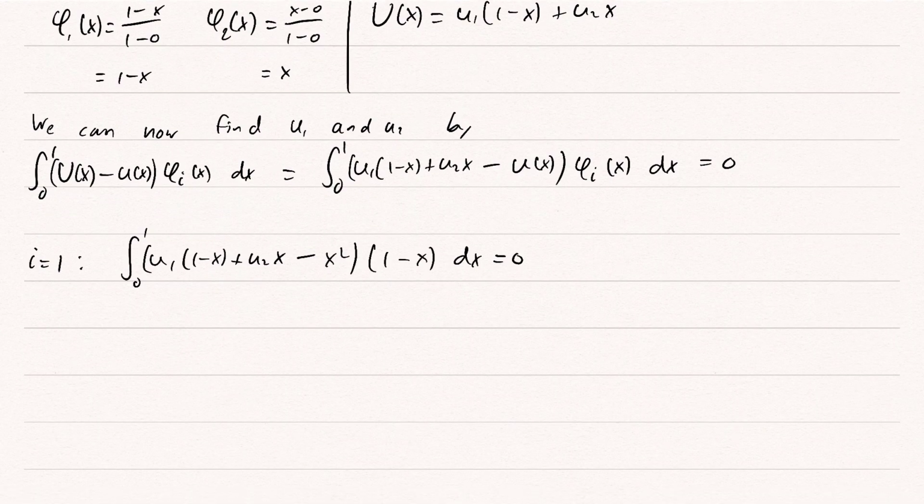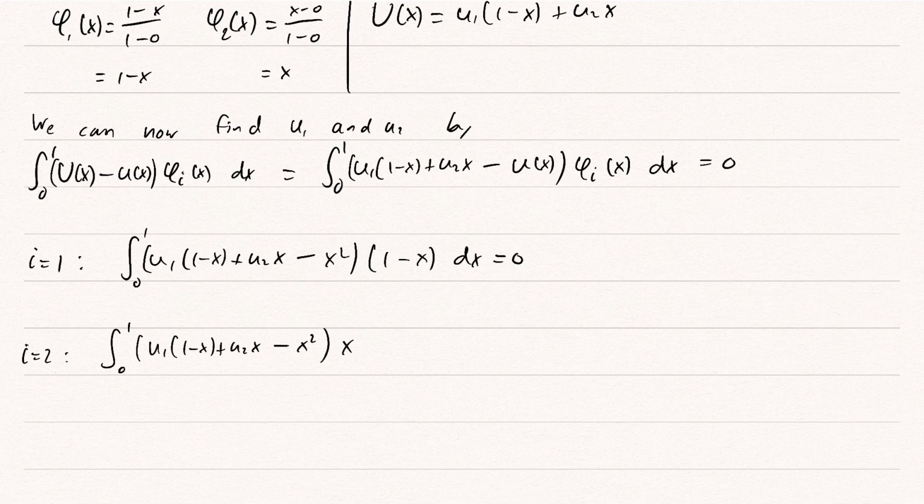And then the second integral, i is equal to 2, states that the integral from 0 to 1 of u1 times 1 minus x plus u2 times x minus x squared, times our second basis function, which is just x, dx is equal to 0.